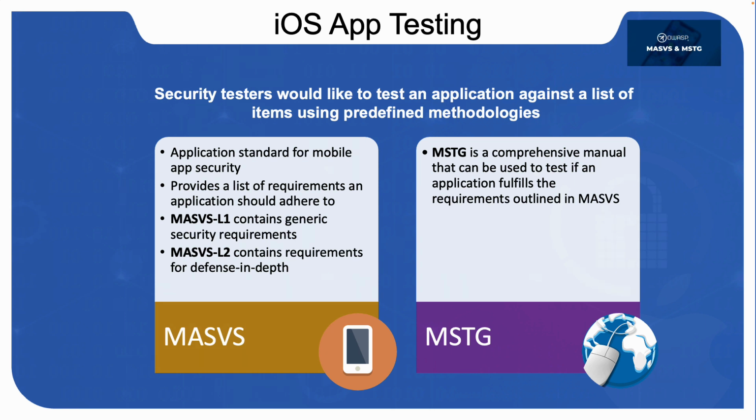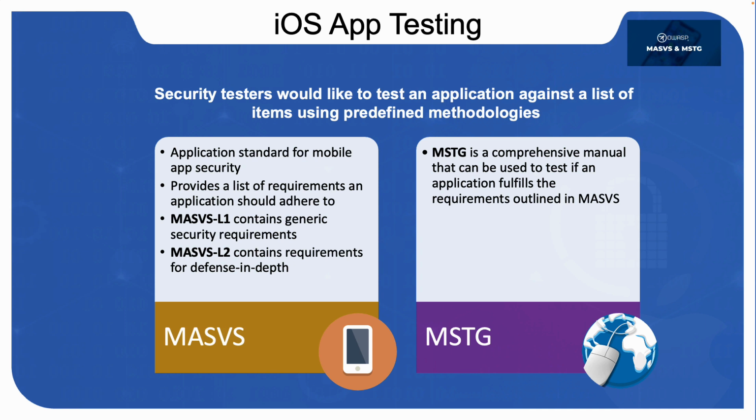Certificate pinning is enforced as well. Level 2 has a considerably high development overhead. Such requirements are usually applicable to financial and healthcare applications, which usually require compliance with PCI DSS, HIPAA, or other standards.